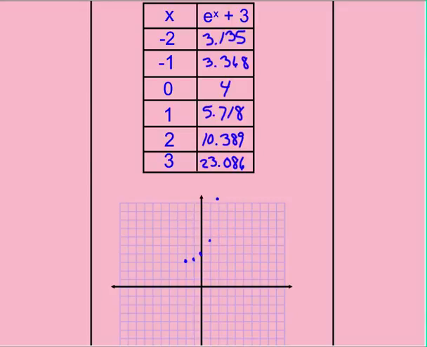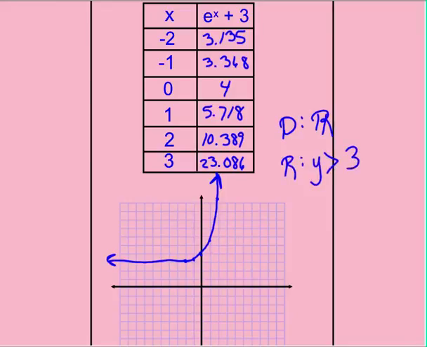All right, so this time, because our exponential was shifted up 3, that becomes our new asymptote, this line that the graph comes very, very close to, but doesn't actually cross.